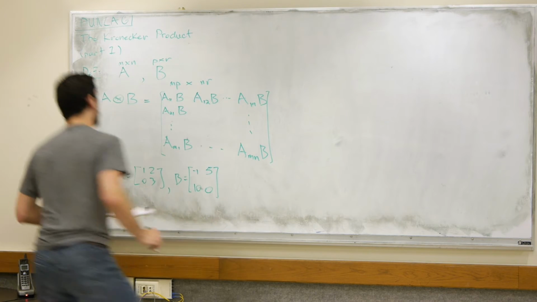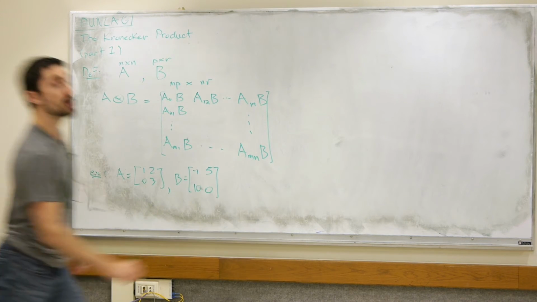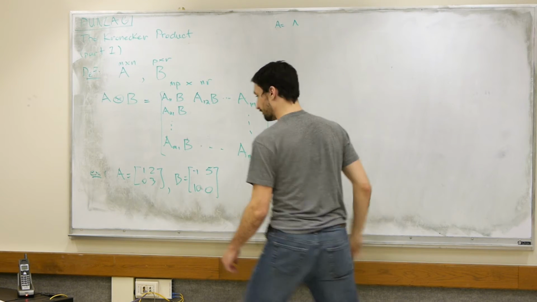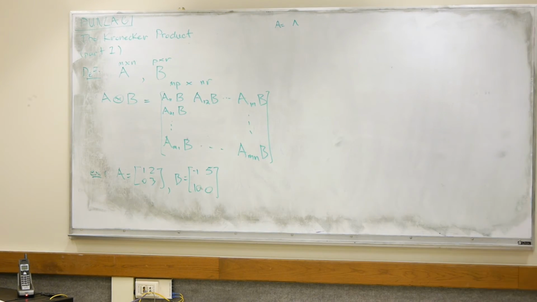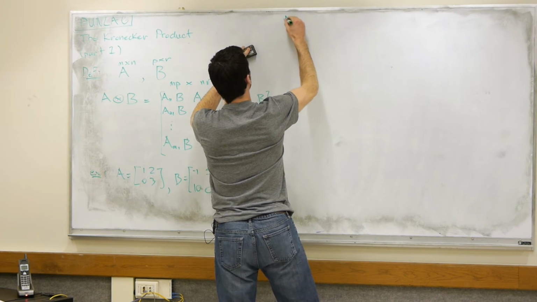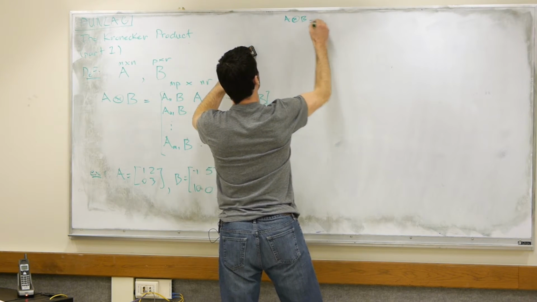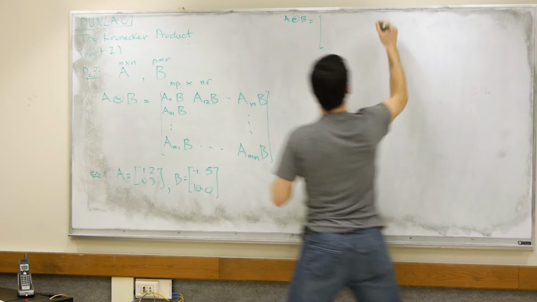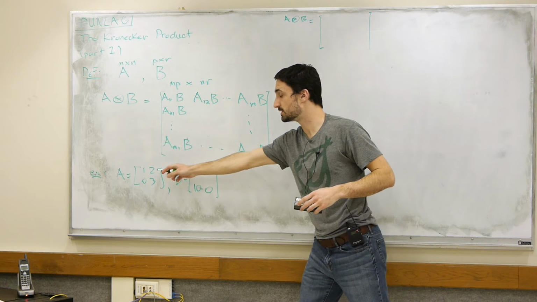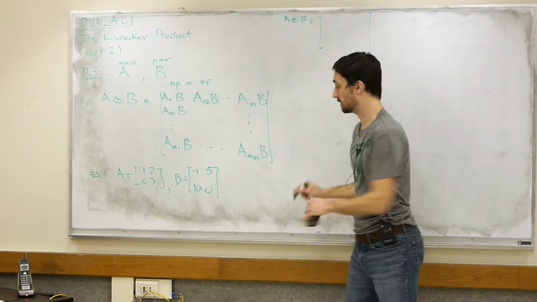Okay. So with these two square matrices, when we form their Kronecker product, first of all, it's going to be 4 by 4 because we're multiplying the dimensions of the two matrices together.